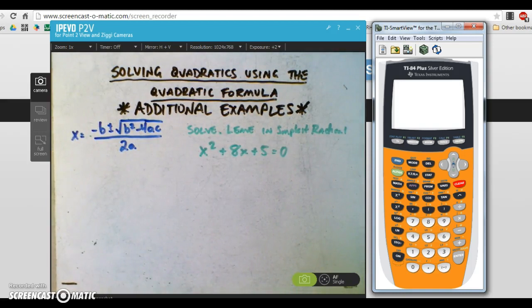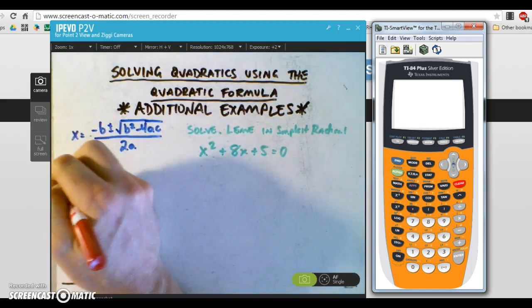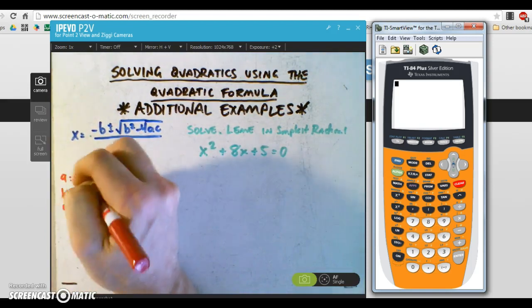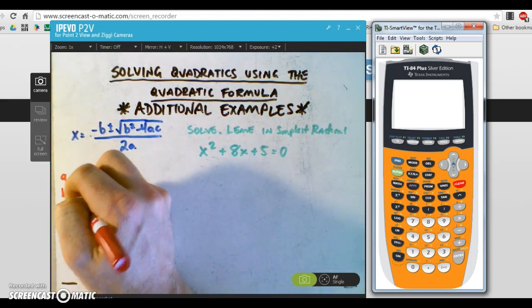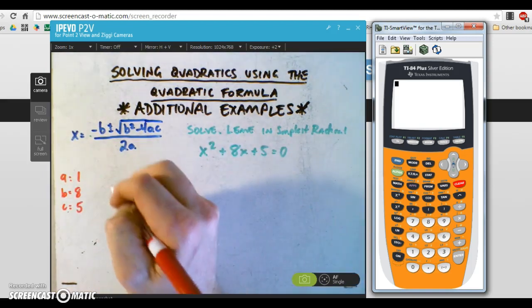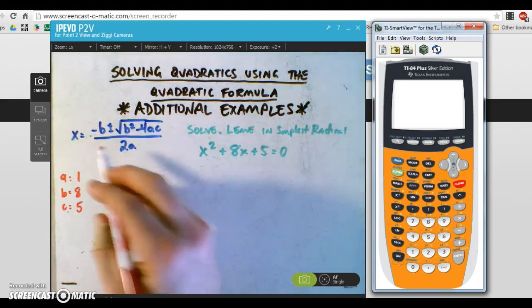Step 1, is it in standard form? Sure is. Okay, so I can move past that. So I should identify a, b, and c. A here is 1, b is 8, c is 5. So I'm going to start plugging into the quadratic formula.